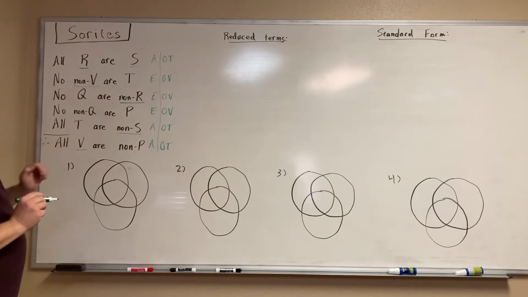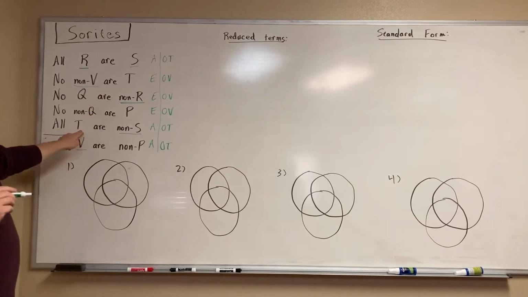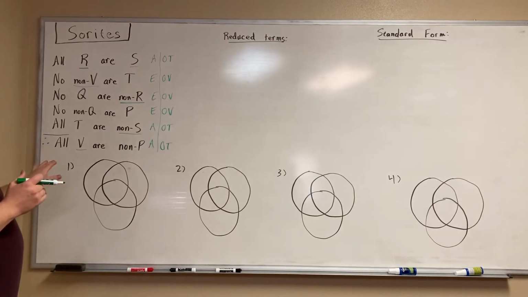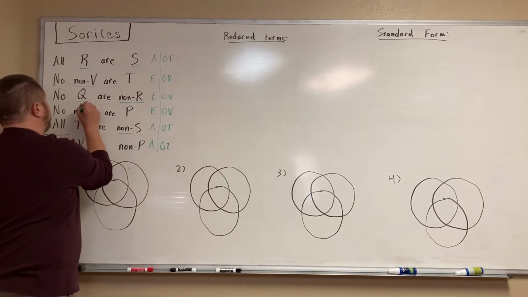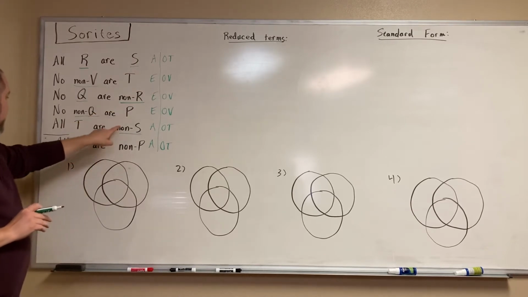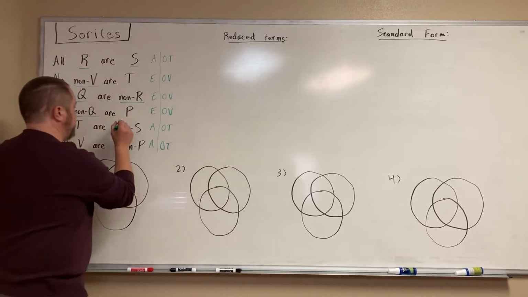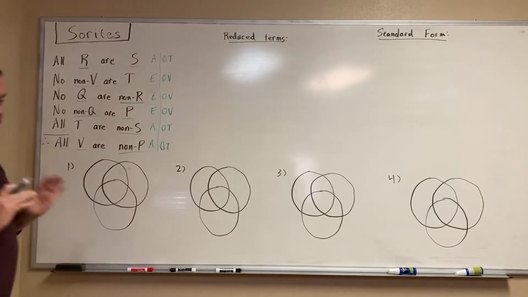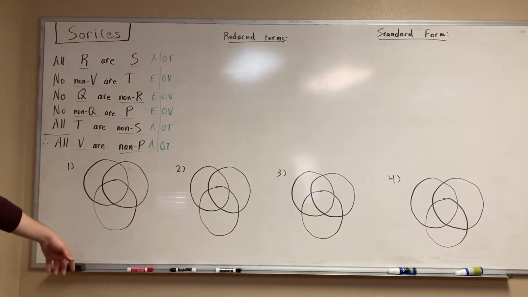Like this one's going to be a doozy. P and T, so there's one term, if we can help it, we're not going to want to change that. Q and non-Q. Non-R we've already got. P and non-P. So it looks like T is the only thing that we want to keep the same if we can.